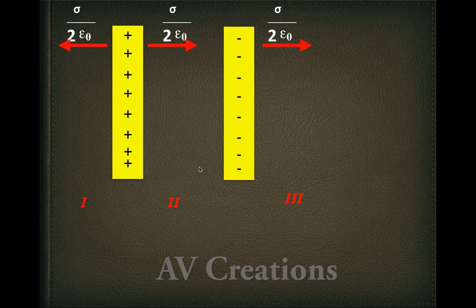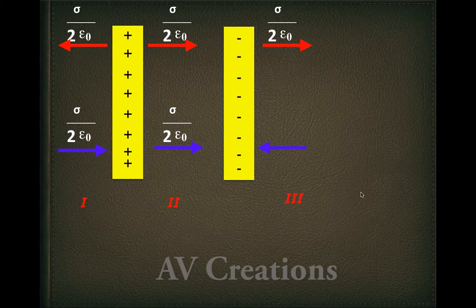Now we are considering the second plate. In region 1, region 2, region 3, there will be an electric field, but the direction will be opposite. So here the direction of electric field will be from left to right. It is sigma by 2 epsilon 0. In region 1 also there will be an electric field, sigma by 2 epsilon 0.